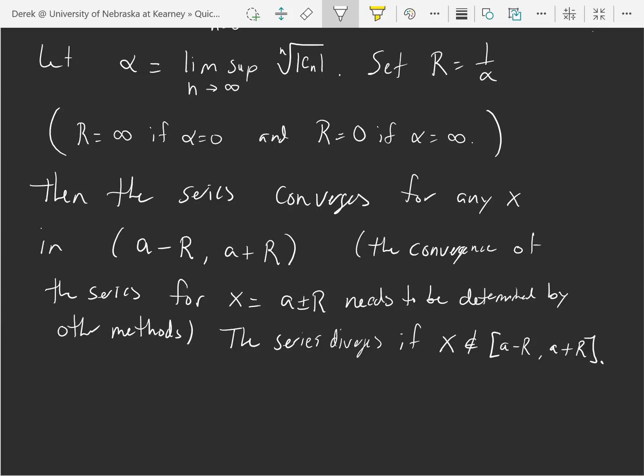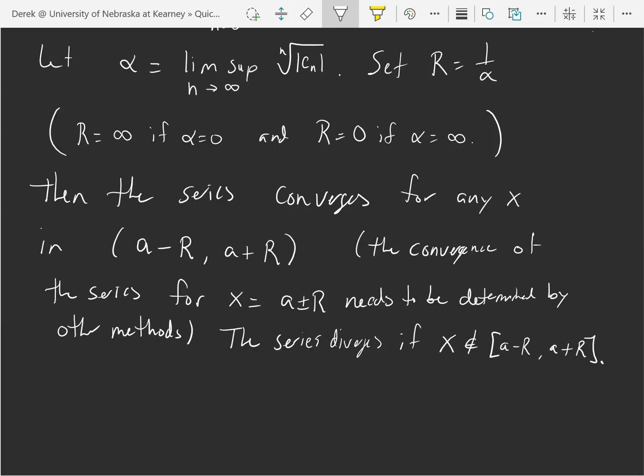Convergence at the actual endpoints, we have to determine. And in the last video we saw two methods that we can use to sometimes determine convergence at the endpoints. The alternating series test usually works for one of the endpoints, and the condensation test sometimes works at one of the endpoints.